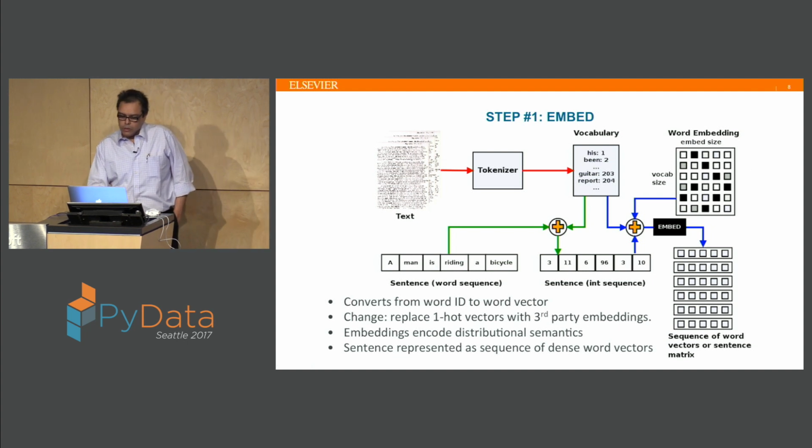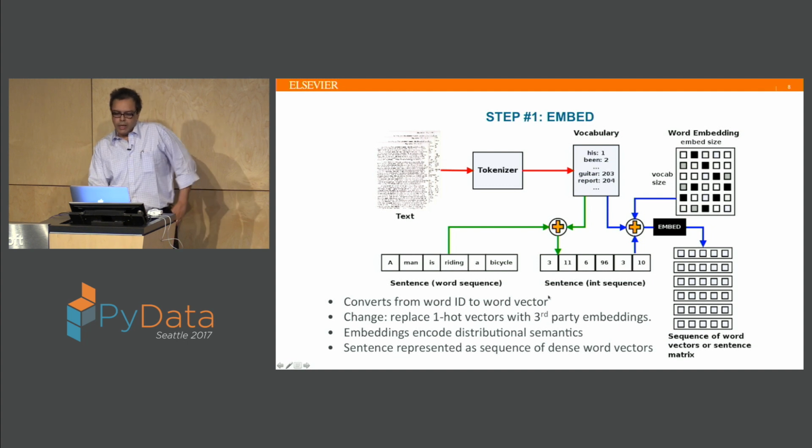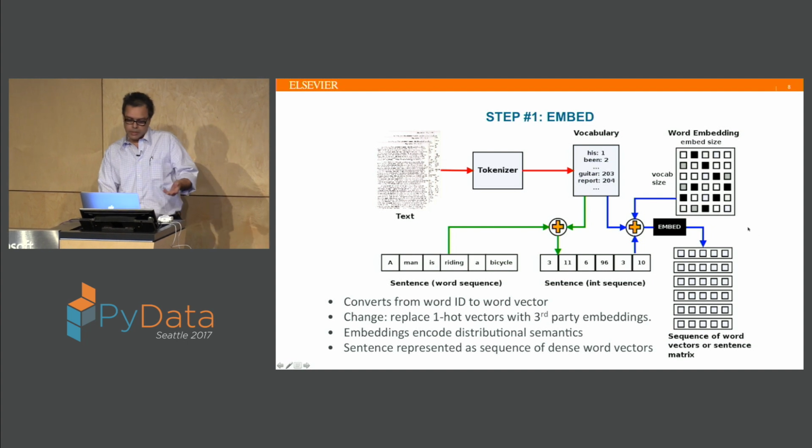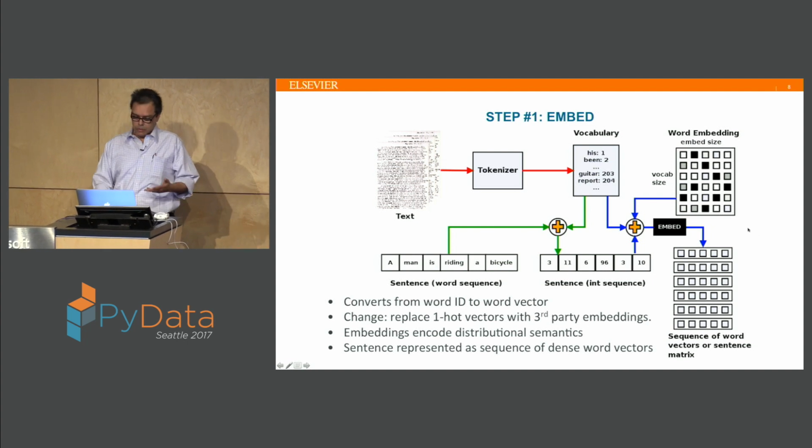You do the exact same thing: you create your vocabulary, look up your sentence, and convert it to a string of ints. The embed step takes an int and creates a vector. Since a sentence is a sequence of ints, you end up with a sequence of word vectors, which is basically a matrix. So you could think of a sentence as being a matrix.